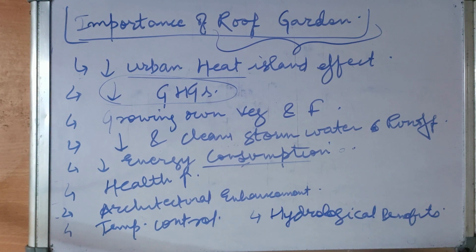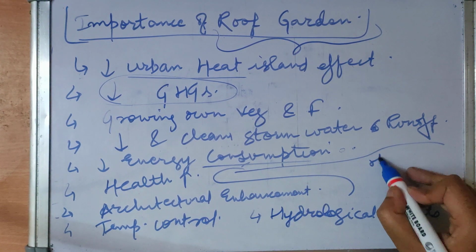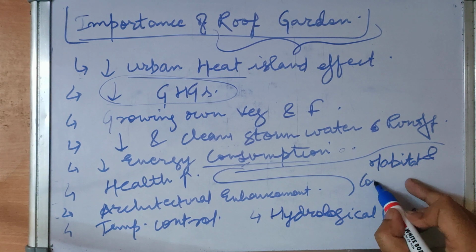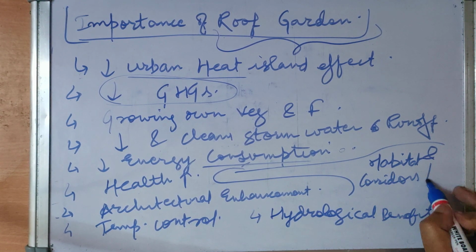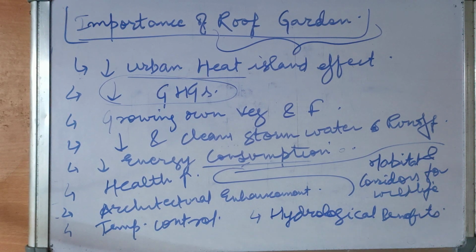When done on a large scale, it can become a habitat or corridors for wildlife. It is a very high sentence, but yes, it is possible. You will see, if there are so many trees on your roofs, so many birds will start making nests there and living there, so it creates habitat.